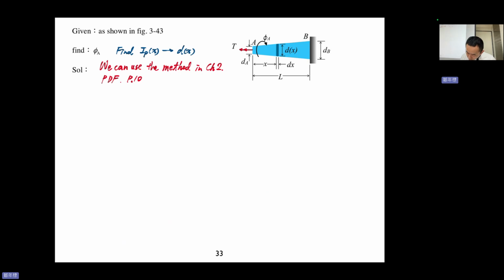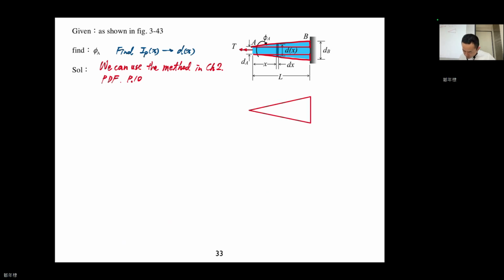All right, so what I'm doing here is I'm going to cut this shape into two triangles and combine them together.